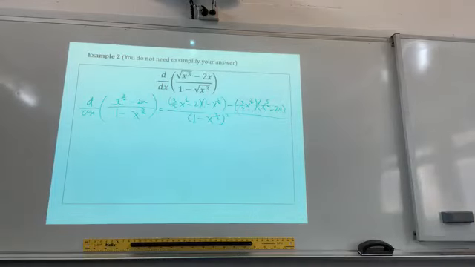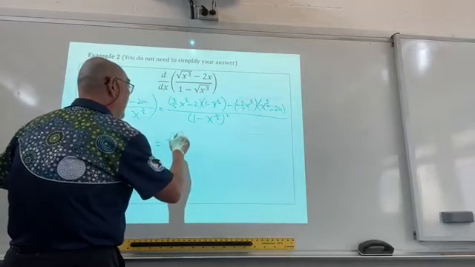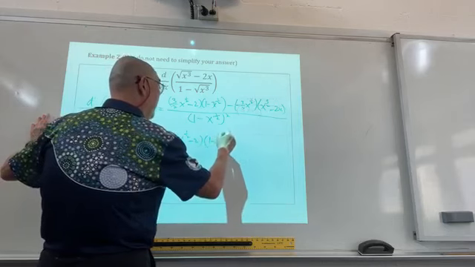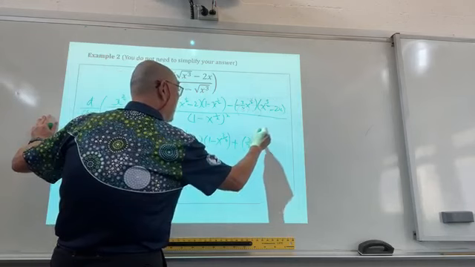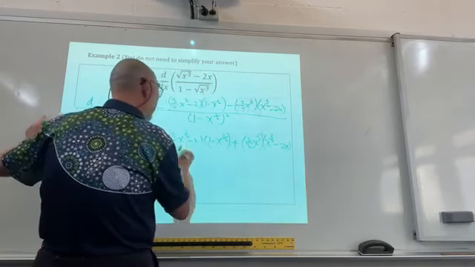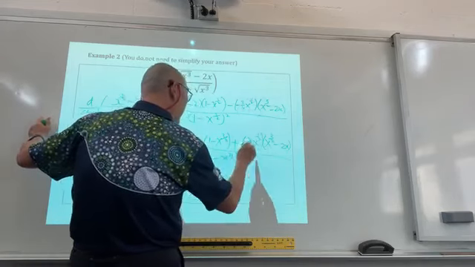You don't have to simplify that, you can just leave it there. Naturally, I prefer to do it this way: x to the power of half times minus 2 times 1 minus x to the power of 3 over 2, plus 3 over 2 x to the power of half times x to the power of 3 over 2 minus 2x, over 1 minus x to the power of 3 over 2, all squared.